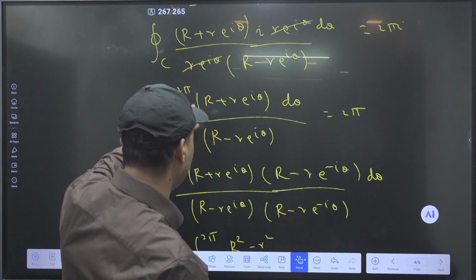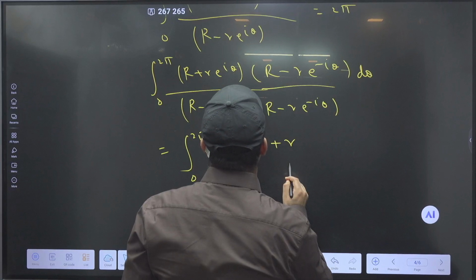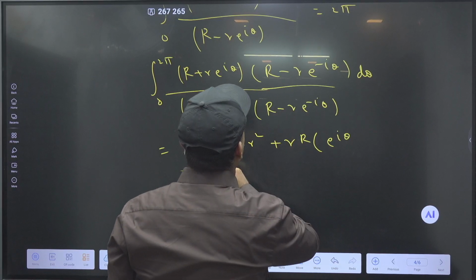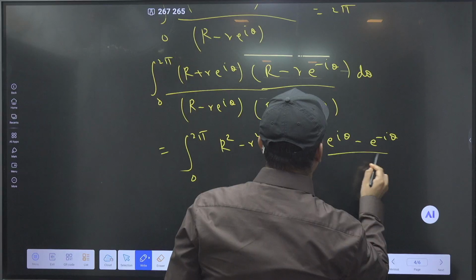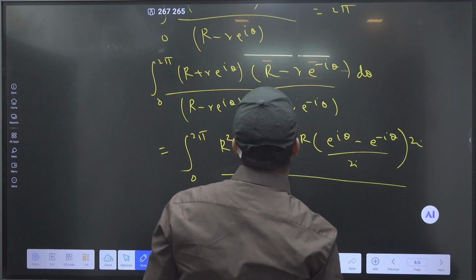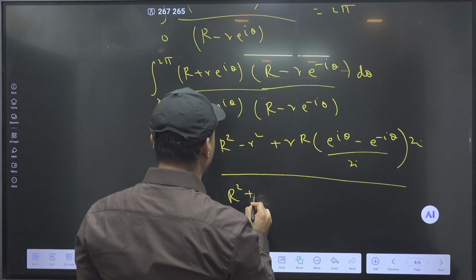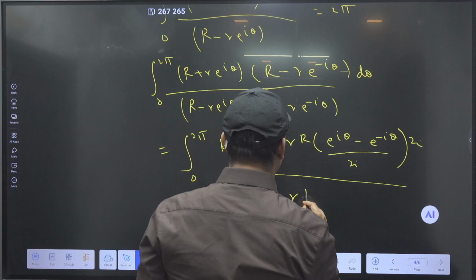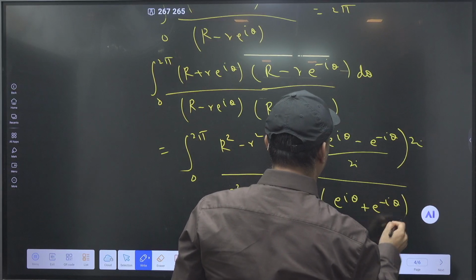So what I can do, I can take plus r, this is e^{iθ}, and then minus of this, and if I do 2i over here as well, this is something which I can very well understand. Now this is R² minus, minus plus. Now R times (e^{iθ} + e^{−iθ}) upon 2.